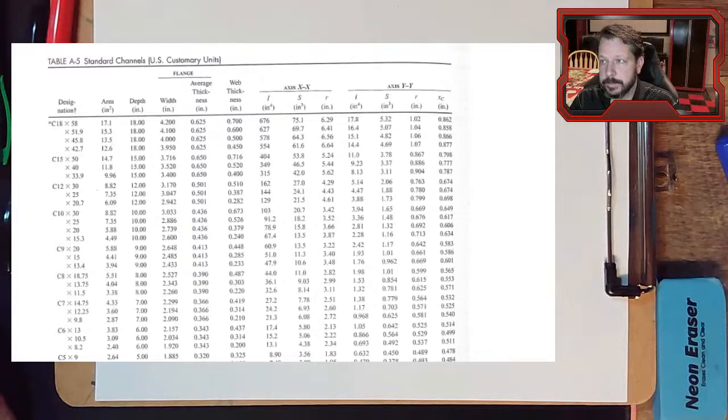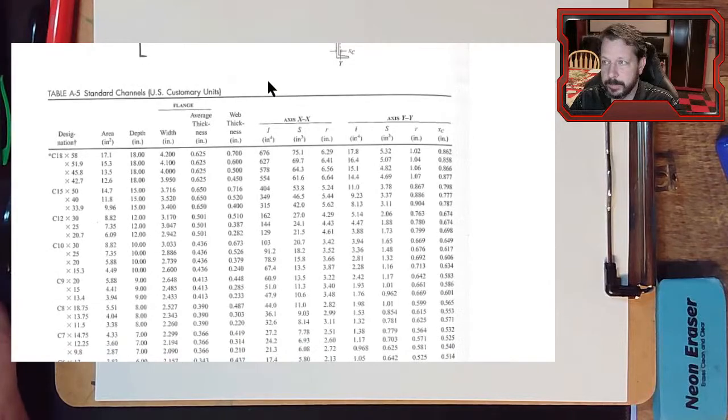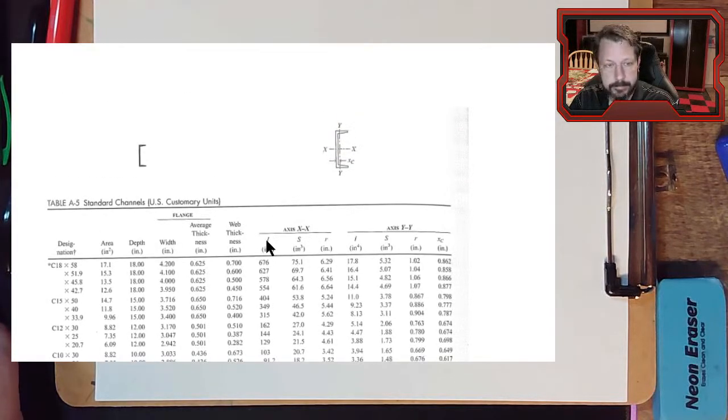Now these are shown with the channel pointing to the right, and we have the channel pointing upwards, but we can still use this chart.